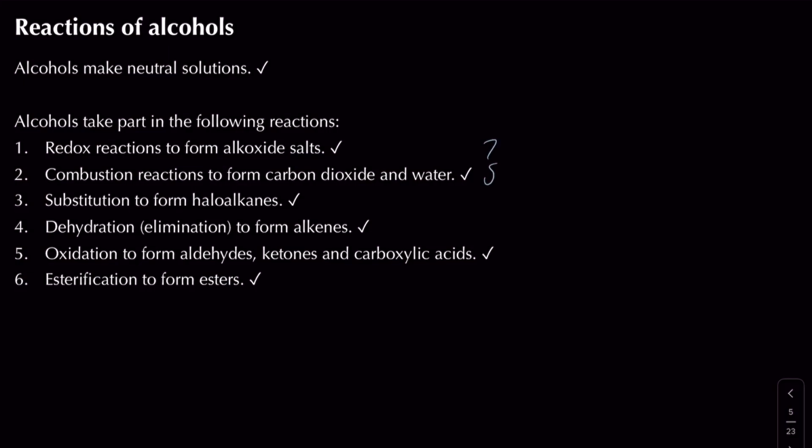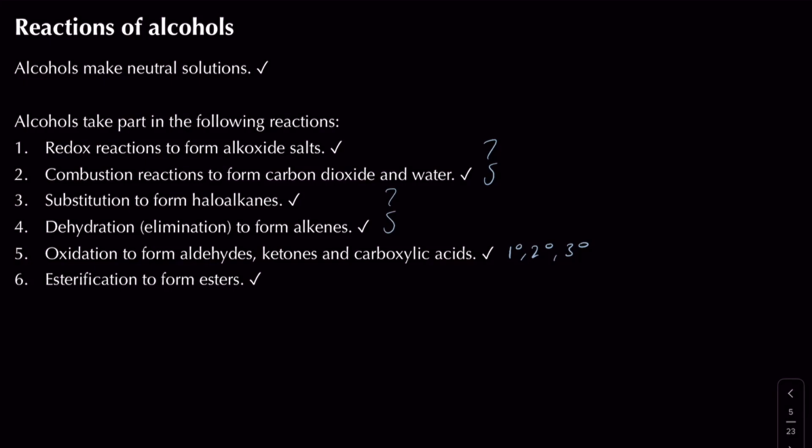Then another two for another video: substitution to form haloalkanes, so you've come across alkali hydrolysis, this is going backwards, and then we've also got dehydration, which is the opposite of hydration reactions for our alkenes. In another video, we've got oxidation to form aldehydes, ketones and carboxylic acids, and that depends on what type of alcohol you've got, be it primary, secondary or even tertiary. And then one for module 6 is esterification reactions to form esters as well.